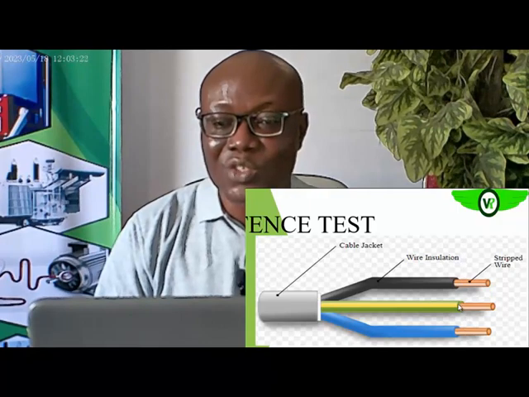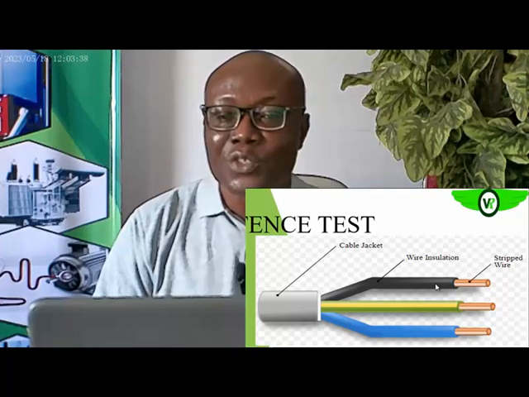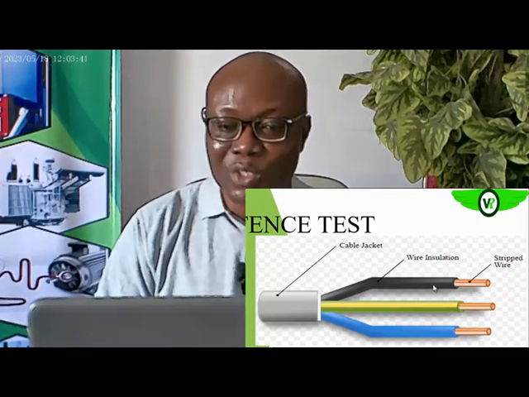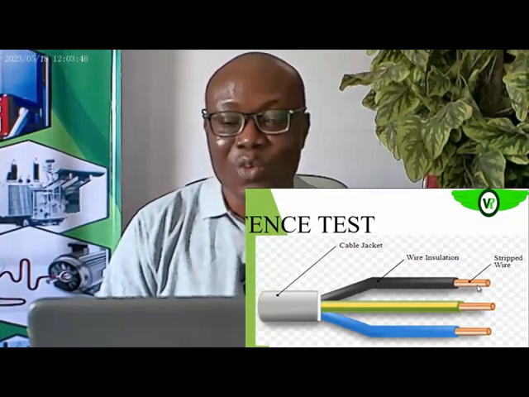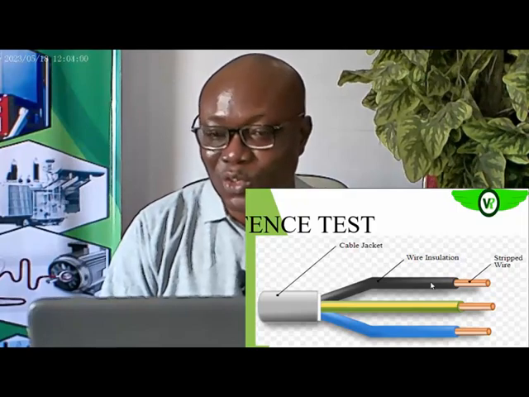So this insulator, as you can see, we have insulators on each of the conductors. These insulators help to guide the flow of electricity through the conductors, and not short circuit or jump over to the other conductor. Okay, so when you carry out an insulation resistance test, maybe between this conductor, say line 1 and line 2, what you are actually testing is the dielectric strength of the insulators covering these two conductors.